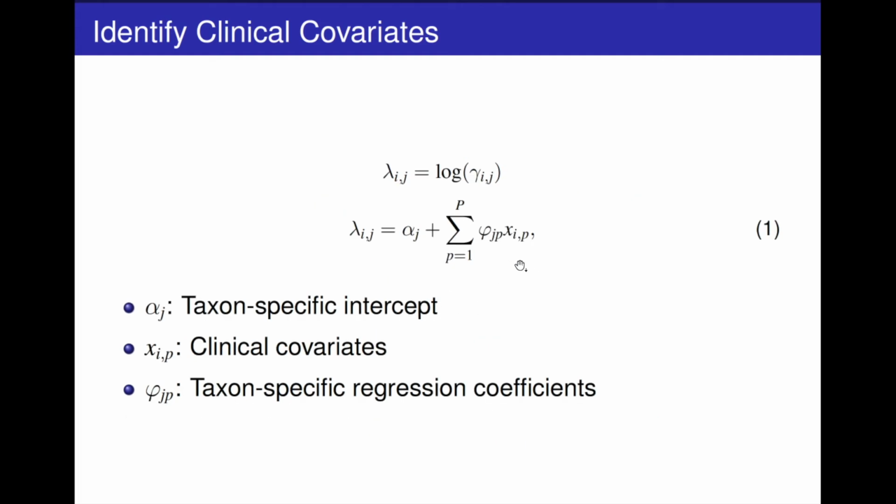We introduce covariates in the model using a log linear regression framework, where lambda_ij is equal to the sum of a taxon-specific intercept term, alpha_j, plus the sum of a p-dimensional set of clinical covariates and their corresponding regression coefficients.